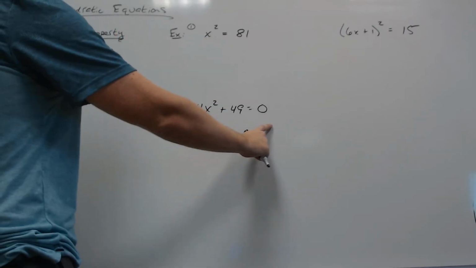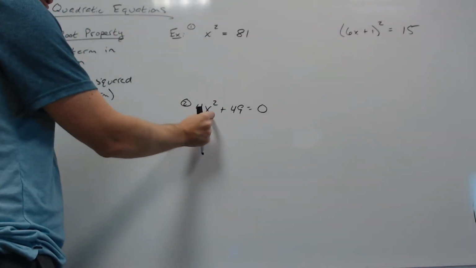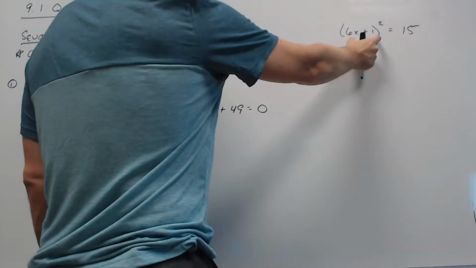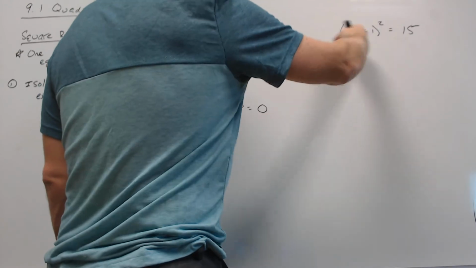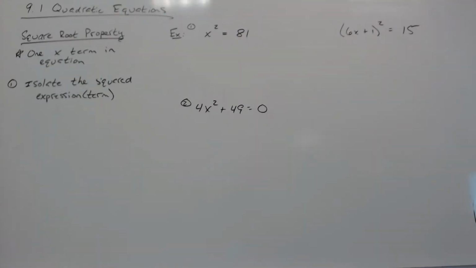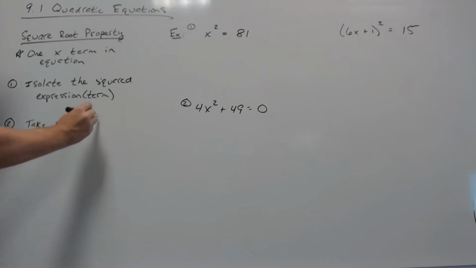In this example, the 4x squared, or just the x squared, we want to isolate. And over here, this whole expression that's being squared is all by itself, so it's isolated. Once that squared term is isolated, we can take the root of both sides.